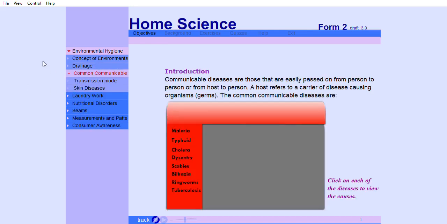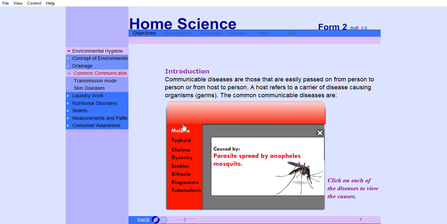Communicable diseases are those that are easily passed on from person to person or from host to person. Malaria is caused by a parasite which is spread by the Anopheles mosquito.